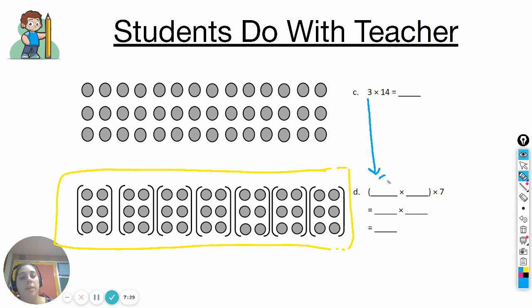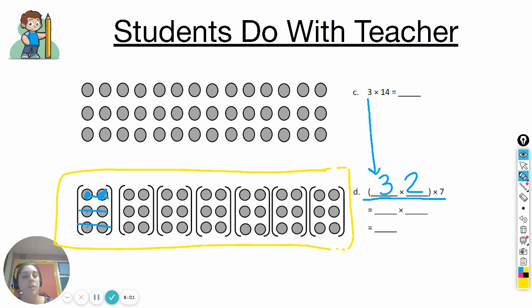So we're going to write 3 times, well, if you look at your arrays, there's 1, 2, 3 rows going side to side. And there's 1, 2 in each row now. So really, we have all these smaller groups of arrays that are 3 times 2. So on your whiteboard, you should have written 3 times 2 times 7.